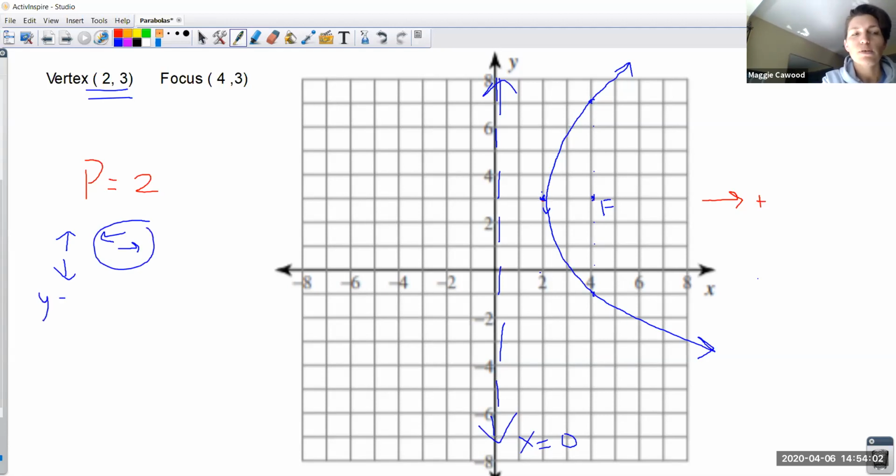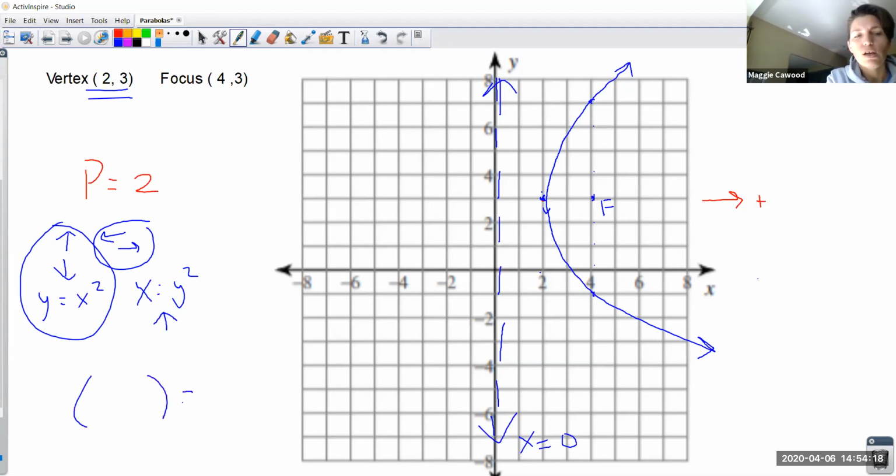Here we have y equals x squared, and here we had x equals y squared. Is it the ones I'm used to from algebra 1, or those other ones? It's the other ones. So I'm going to start an equation looking like this, but I'm going to be careful and put some parentheses like that. The y is the one that's squared, the x is not squared.